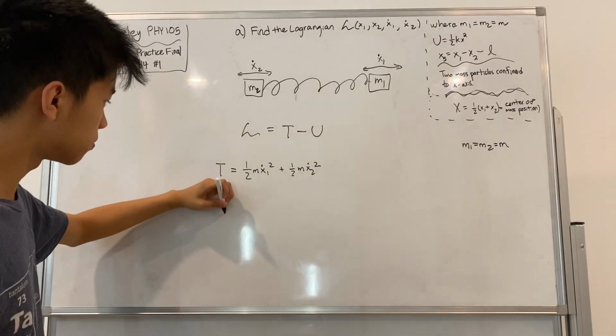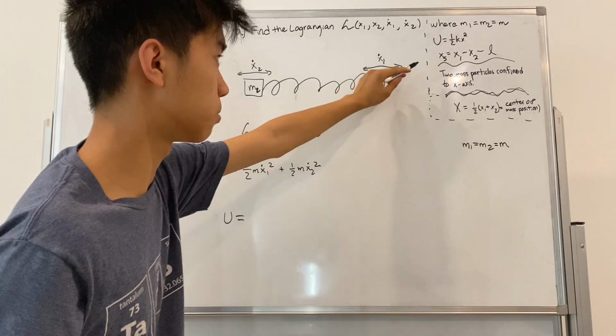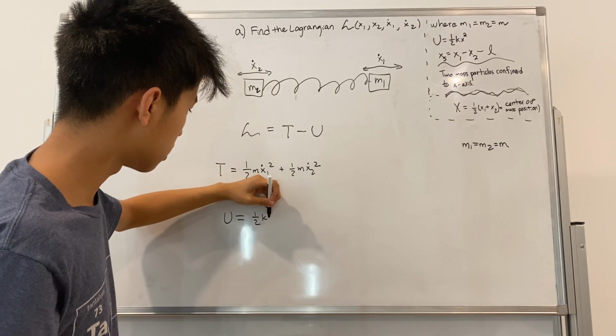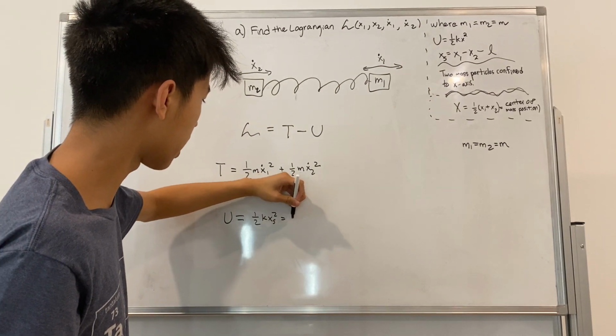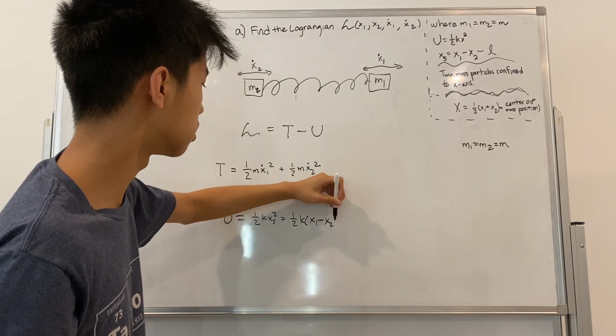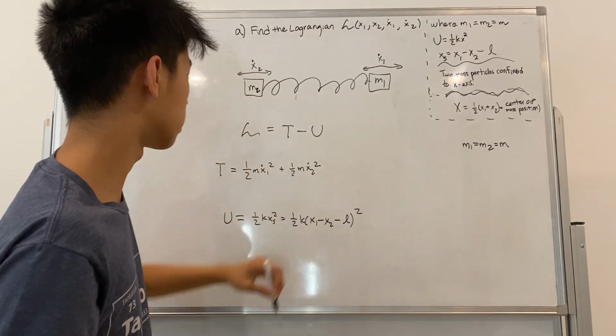And then U, they gave us that value at the beginning of the video as well. It's 1/2 k xs squared, or 1/2 k (x1 minus x2 minus L) squared.